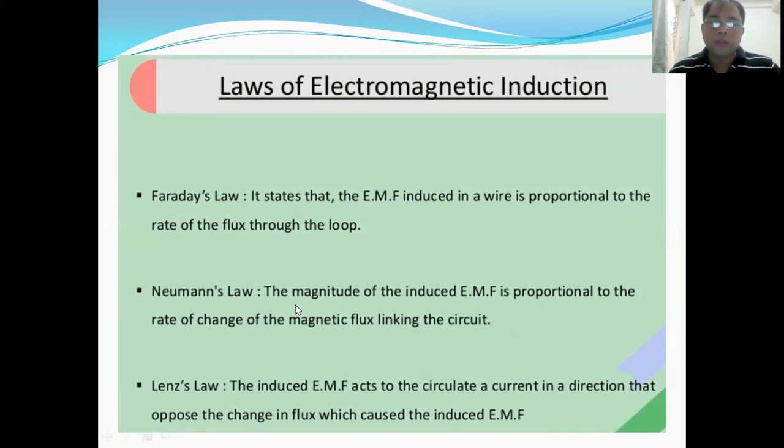For Neumann's law, the magnitude of the induced EMF is proportional to the rate of change of the magnetic flux linking the two circuits. And for Lenz's law, the induced EMF acts to circulate a current in the direction that opposes the change in the flux. So actually, if you have two sets of wires, guys, or two sets of coils, then there would be what they call a counter EMF.